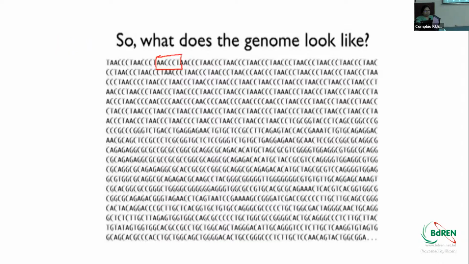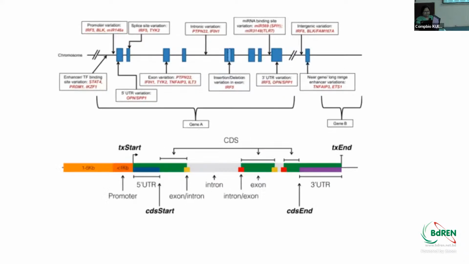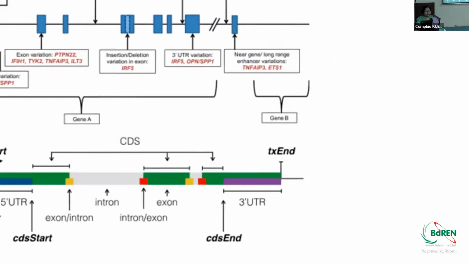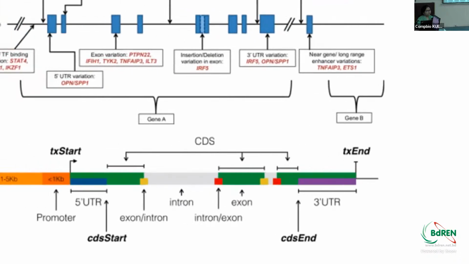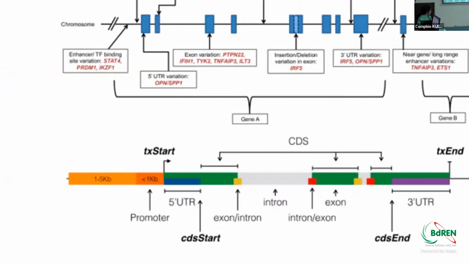So a genome looks like this, the gibberish of A, T, C and G. But when we annotate, we can see in which part we have the exon, the 5' UTR, the 3' UTR, where the promoter is, and where the intron and the intergenic region are.